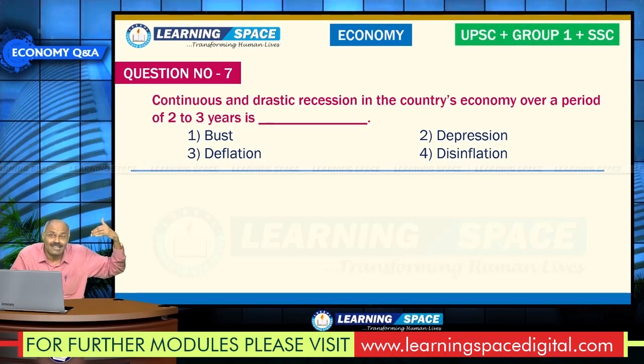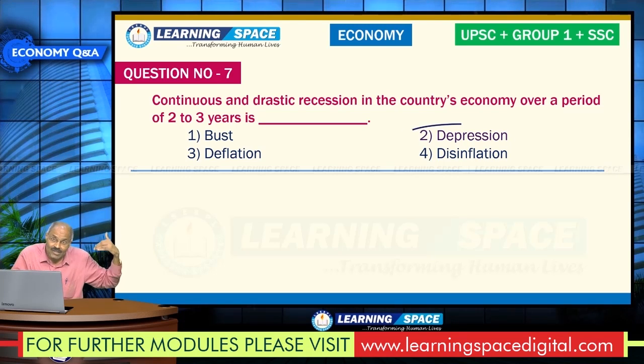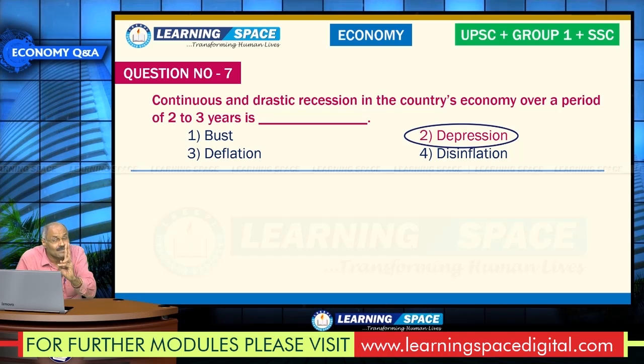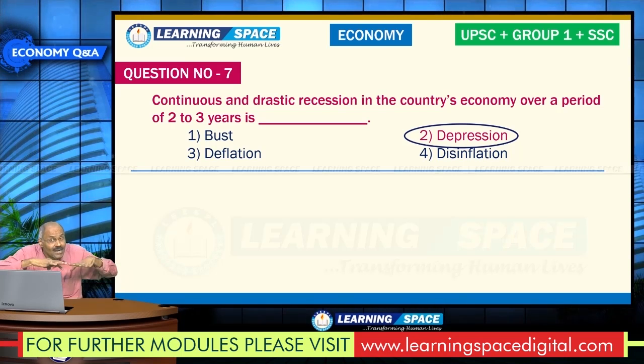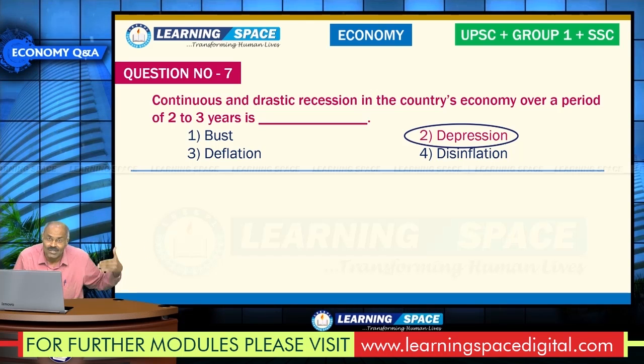Continuous and drastic recession in the country's economy over a period of 2 to 3 years is depression. Here, I would like to tell you, if the economy is recording negative growth for 2 successive quarters, it is known as recession. And if the recession continues for a longer duration, maybe 2 to 3 years, that is a depression.